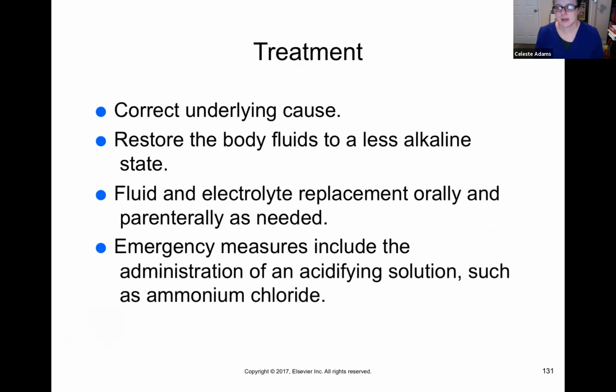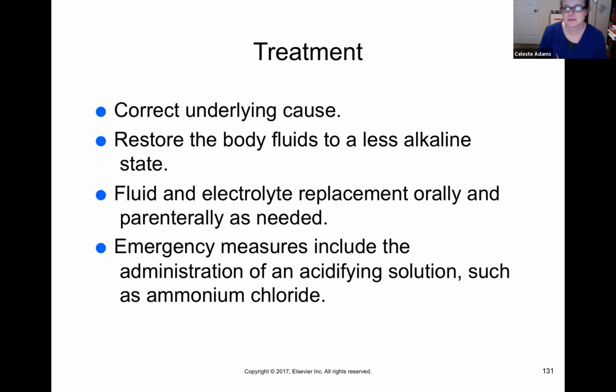Treatment for metabolic alkalosis. We're going to correct the underlying cause. That's what you're going to do most of the time in these acid-base imbalances. You're going to correct what is actually causing the acid-base imbalance. If it's a respiratory issue, we're going to correct the respiratory issue.